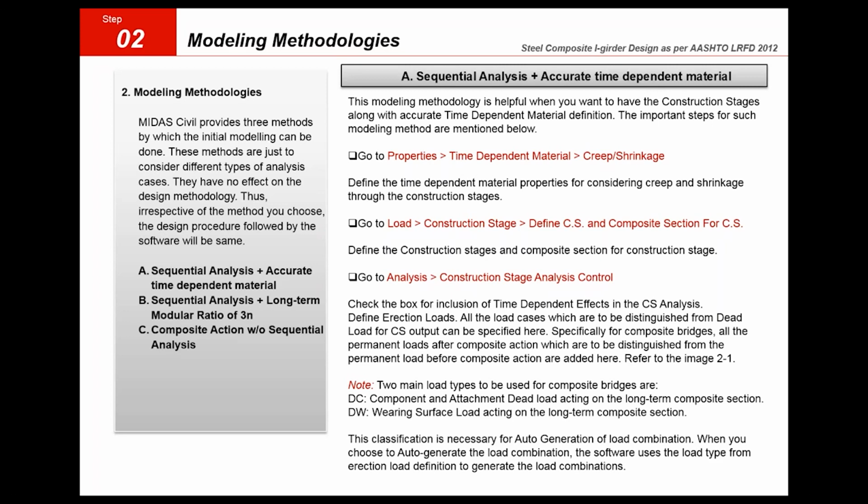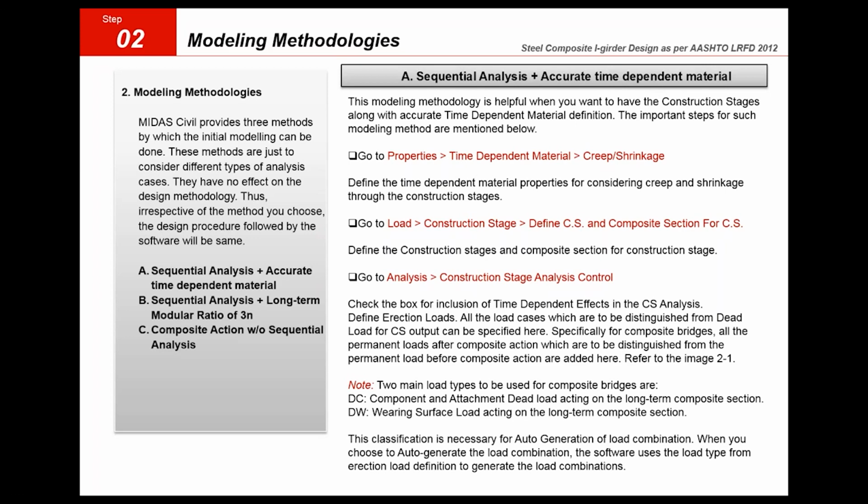The second way is to use the construction stage analysis and long-term modular ratio of 3n, which I was about to show you in the program window. And the third way is to simply define the composite action without the sequence analysis.